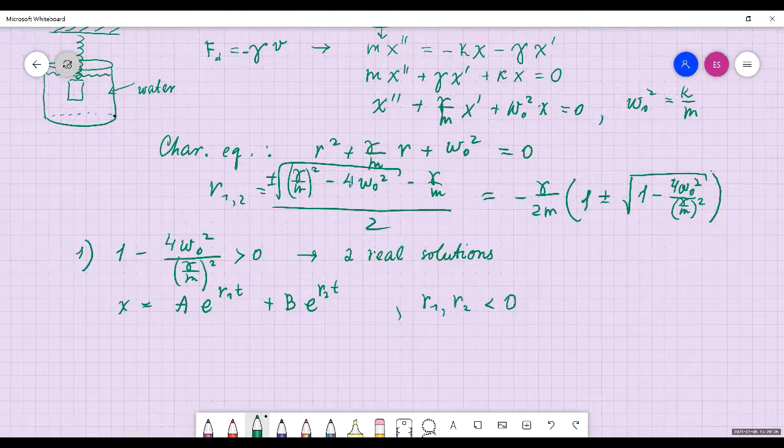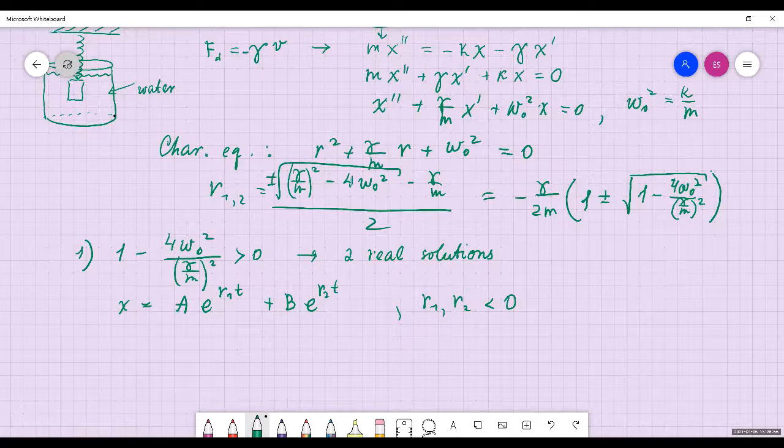Well, because we do have this minus, right? What we have in parentheses, no matter what omega, gamma and m are, if it's greater than 0, it's going to be a subtraction from 1, so the whole thing is going to be less than 1. If you extract the square root, it's still less than 1. If you add to 1 or subtract from 1, it's still going to be a positive number.